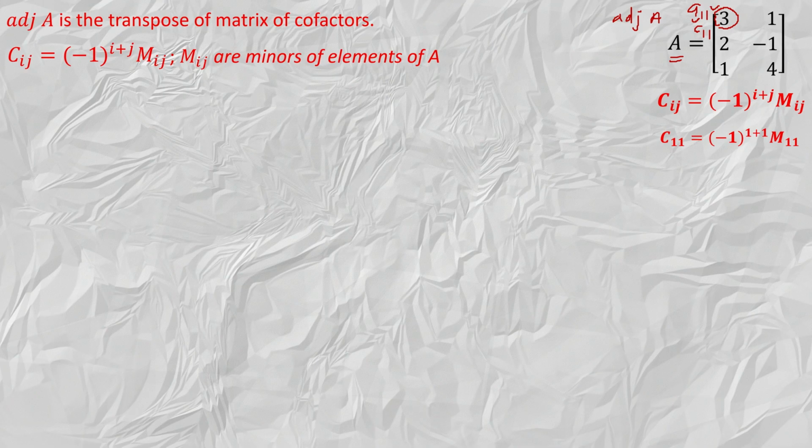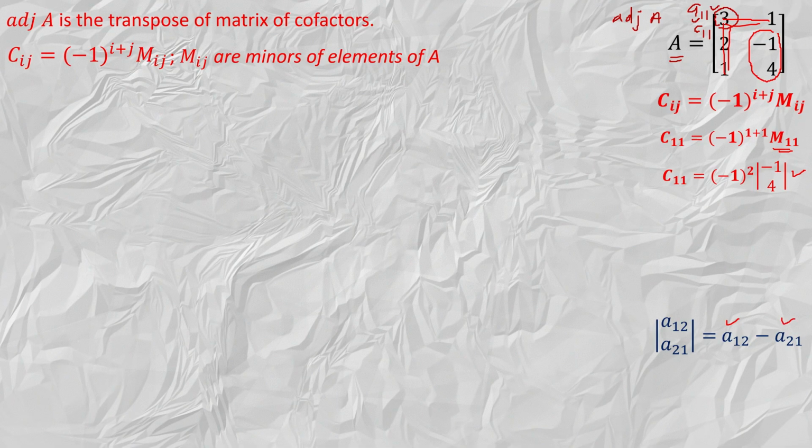Now, M11 will be obtained by deleting the first row and first column. After doing so, C11 is equal to -1 raised to power 2 into the column matrix -1, 4. After deleting the first row and first column, we are left with -1 and 4. According to Roddick's definition, the determinant of a column matrix is obtained by A12 minus A21.